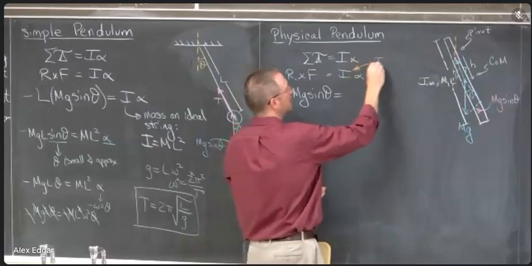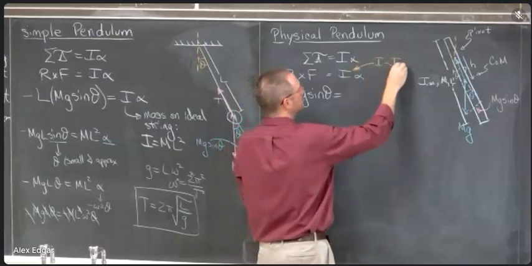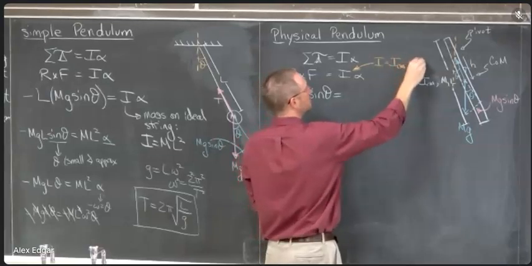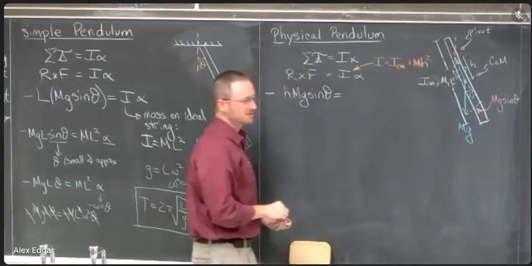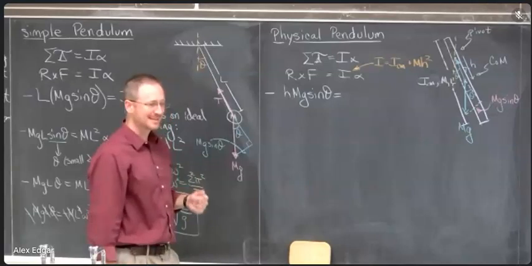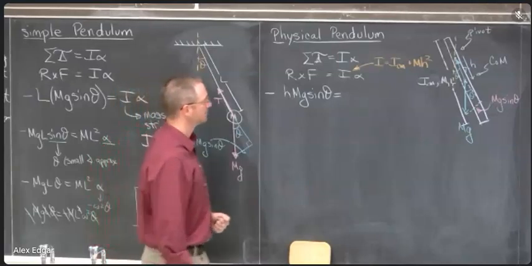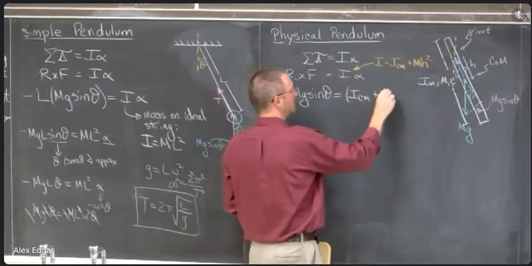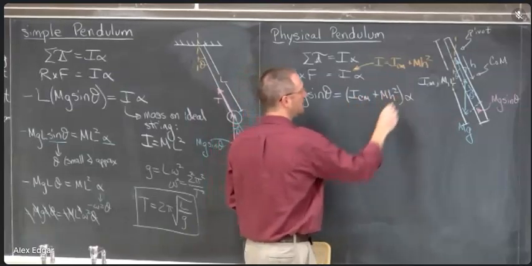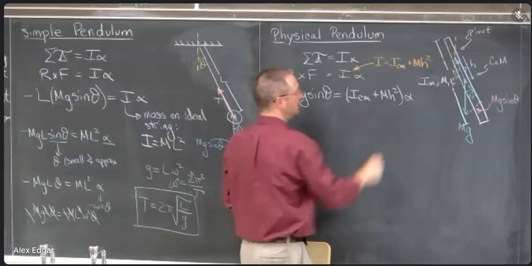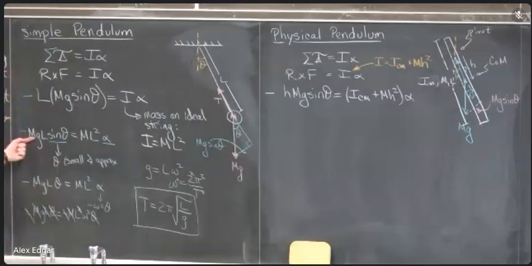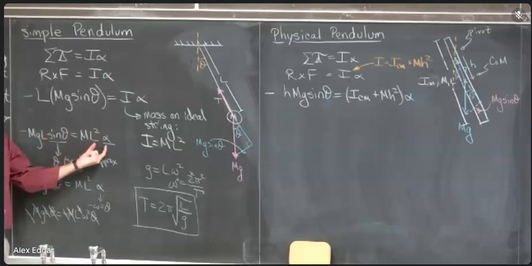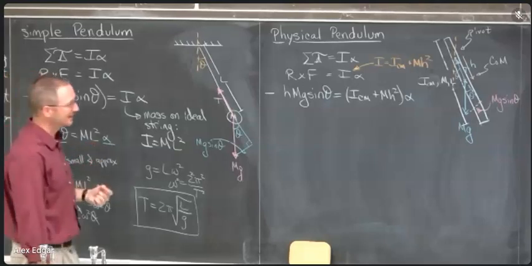So this I is going to be I center of mass plus this adjustment term for the fact that it's not being pivoted around the center of mass. So on the right here, this will be I center of mass plus m h squared, and then we have alpha. Notice how we are now in the same position that we were in once we got down to this line, where we have to deal with the sine theta and the alpha. And we will deal with them in exactly the same way as we did last time.